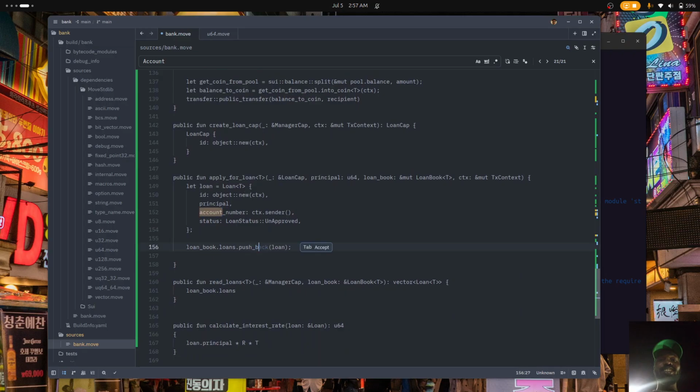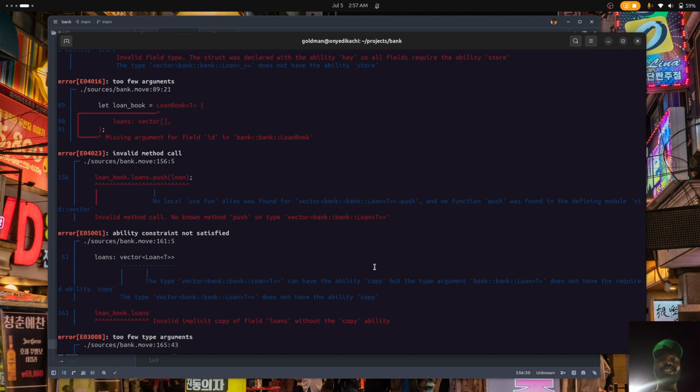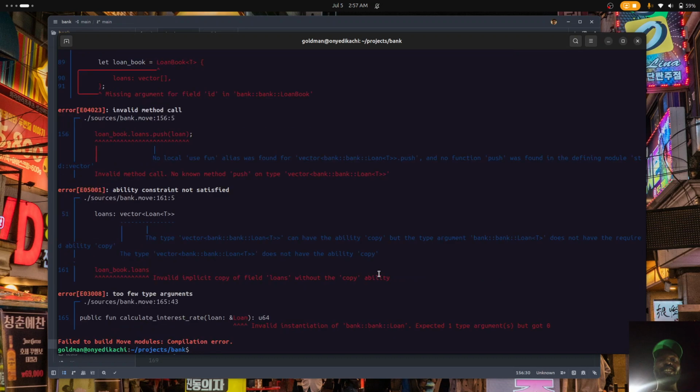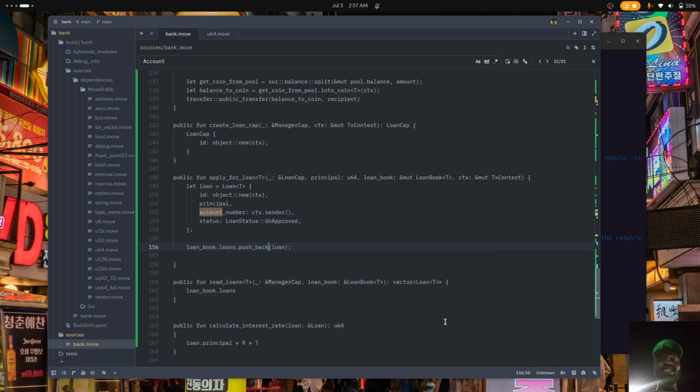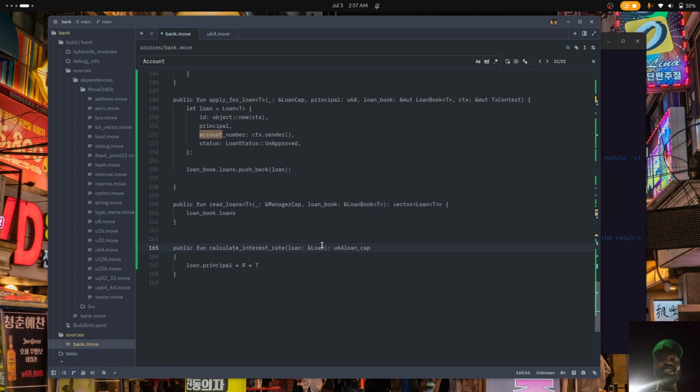So okay, so the last one is calculate interest, no evaluation. Yes, this is again expected.